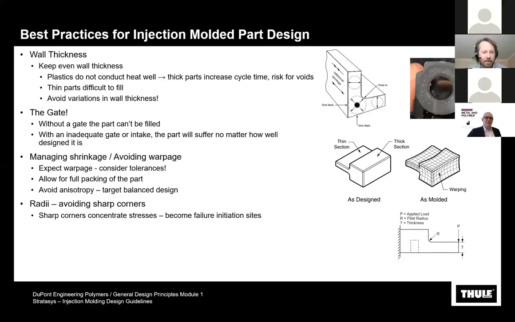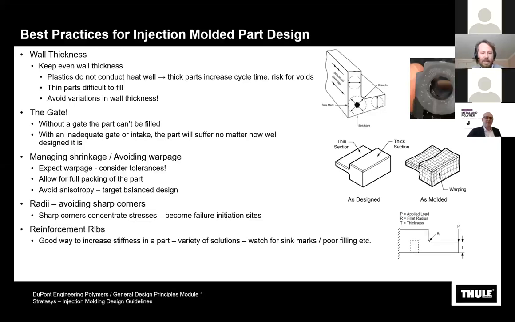Going quickly through the last three things here: applying radii to avoid sharp corners in a structure. Obviously, sharp corners concentrate stresses and those become failure initiation sites. So adding adequate radii to achieve the mechanical requirements is good practice.